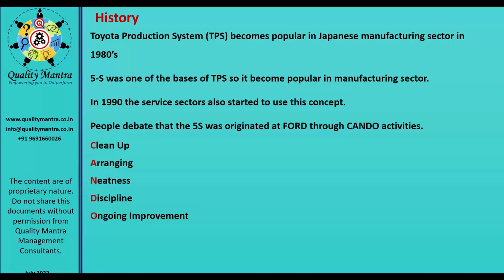The house of TPS was built on the 5S, one of the concepts. So naturally it became popular in the manufacturing sector also. The 5S concept also became popular in the manufacturing sector, because they started implementing the TPS, Toyota Production System.